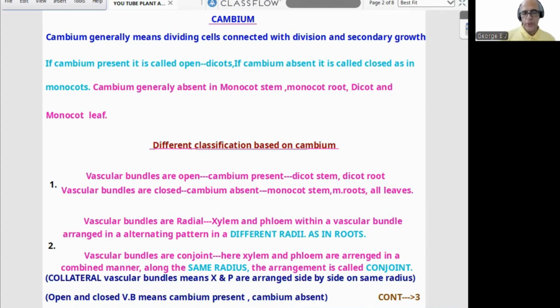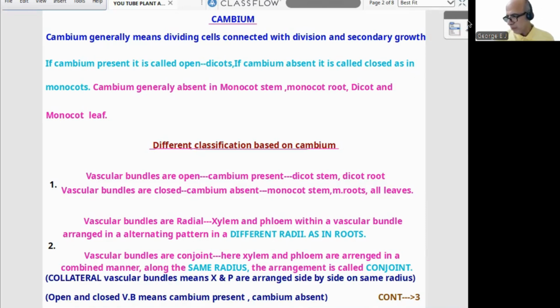Another term is collateral. Vascular bundles, that is xylem and phloem, arranged side by side on the same radius. When the diagram comes, it will be easy for you. Open and closed vascular bundles mean cambium present and absent. I think those terms are now familiar: radial bundles, conjoined bundle, open bundle, closed bundle, collateral bundles.